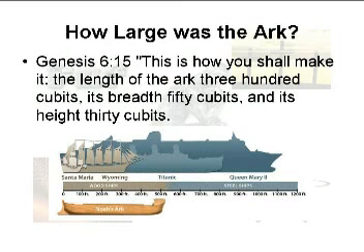All right, so how large was the ark? Genesis 6:15 says, "This is how you shall make it: the length of the ark 300 cubits, its breadth 50 cubits, and its height 30 cubits." So we have a little scale here, and you see the ark down here at the bottom. You see some ships of our time. So the ark was probably half to a little bit over half the size of the Titanic.